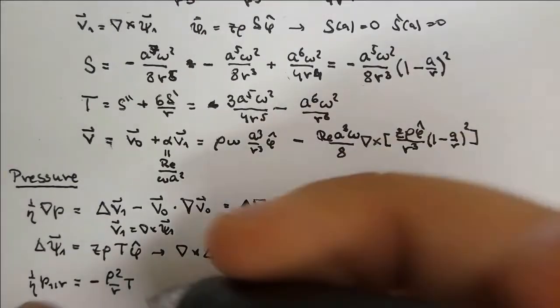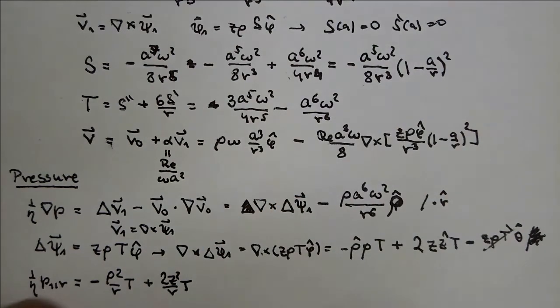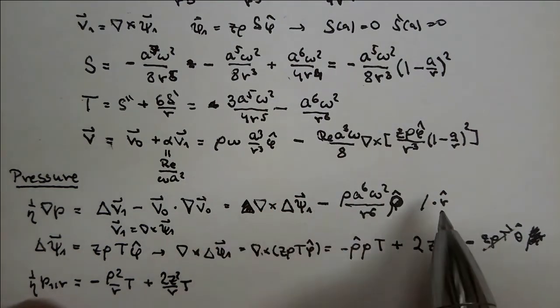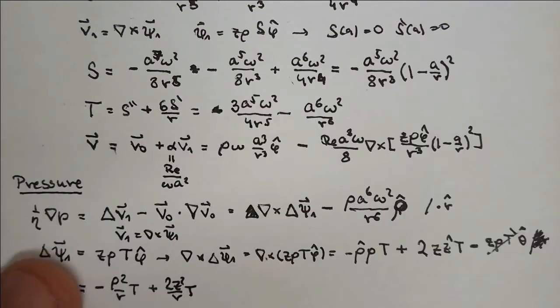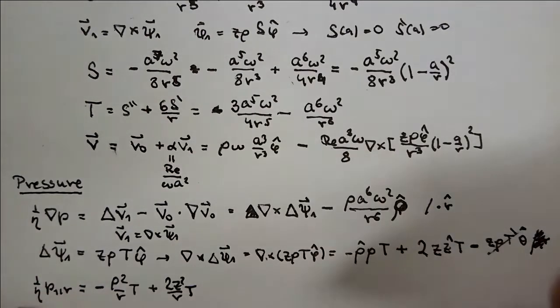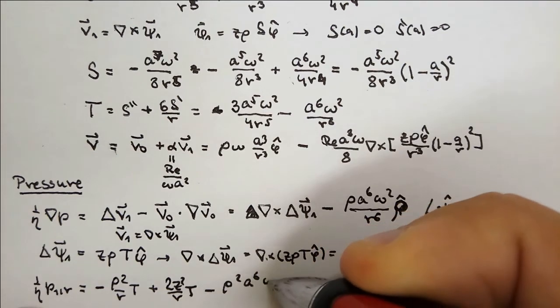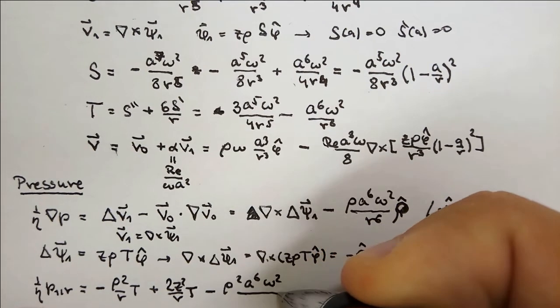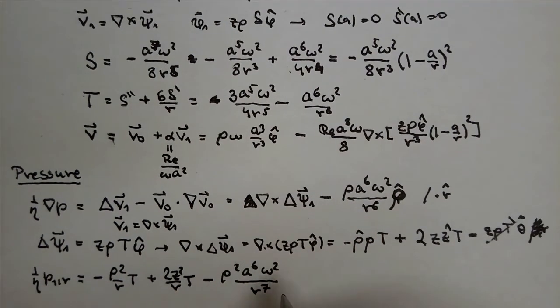So it's again plus 2z squared over r times t, and this should be 0, and there is r this, and again this is going to be rho divided by r. So this is minus rho squared a to the 6th power omega squared over r to the 7th power. So this is the equation for the pressure.